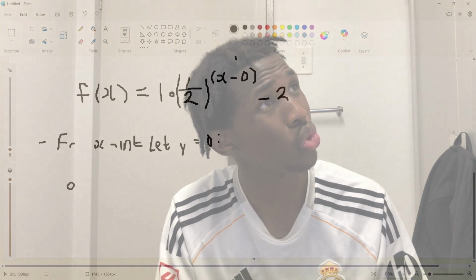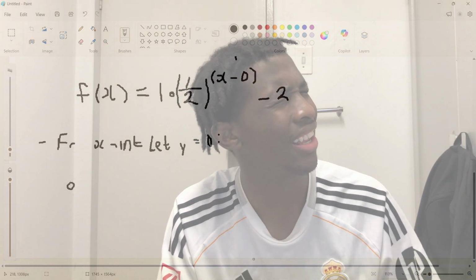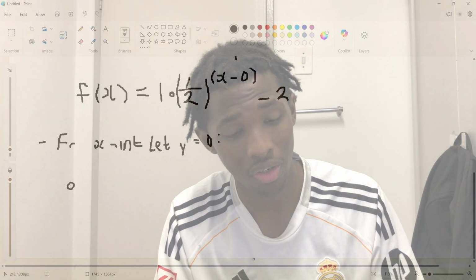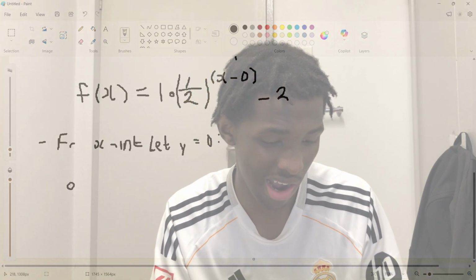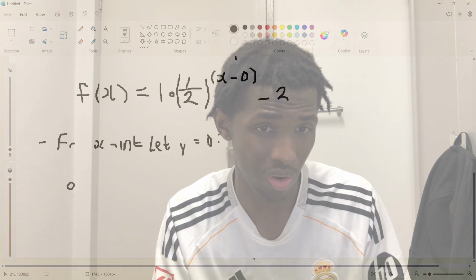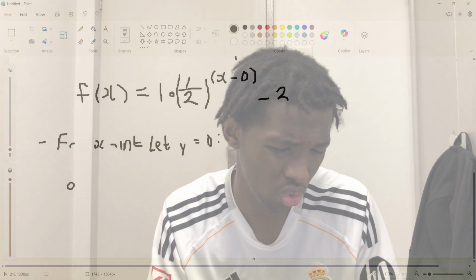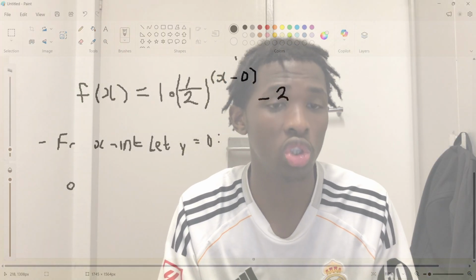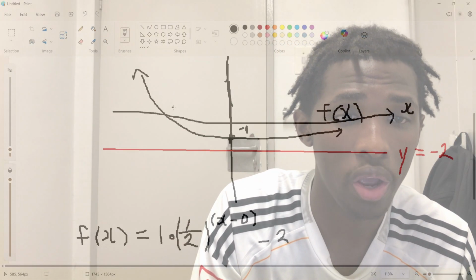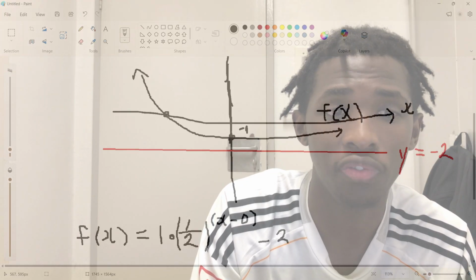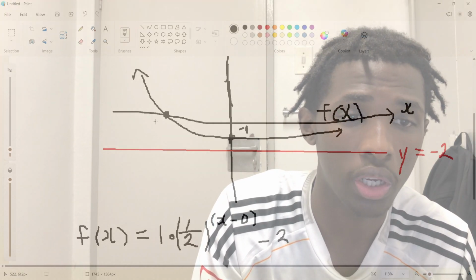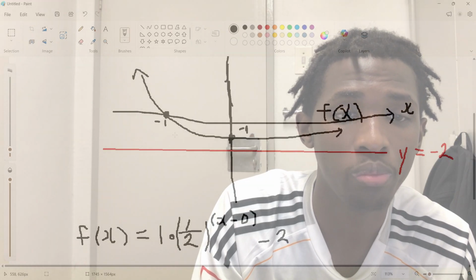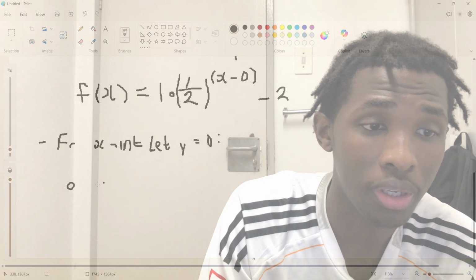It's 2, then bring it down, then log a half. So it's going to be log 2 over log a half. So it's going to cut our graph at -1 also. Okay, that's very interesting. So it cuts our graph. Okay, we can do the math here.